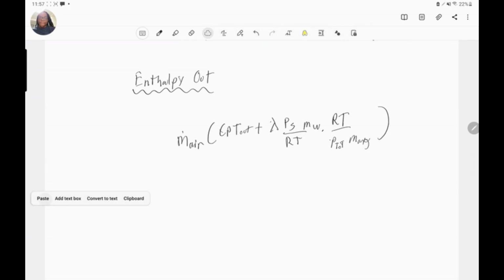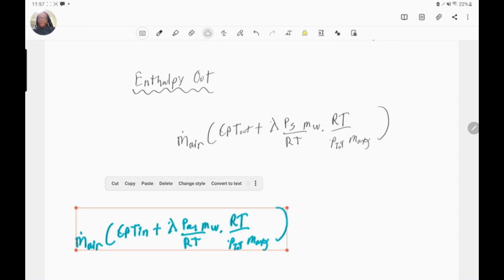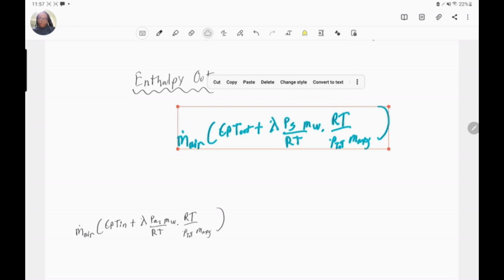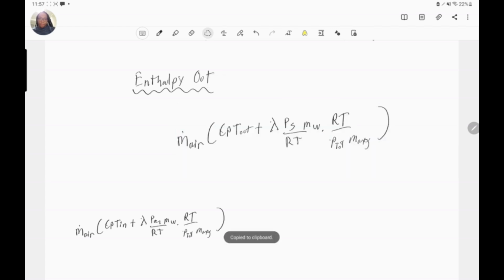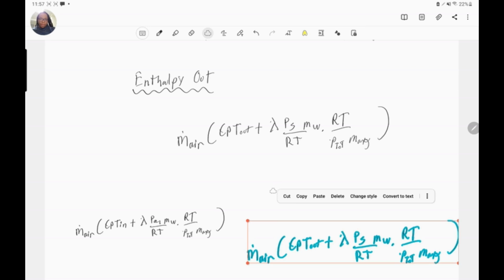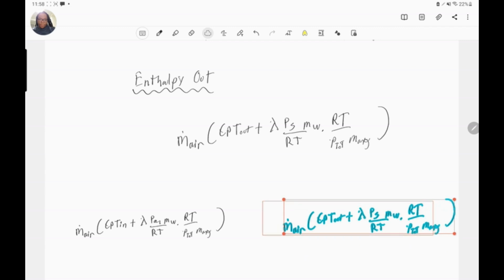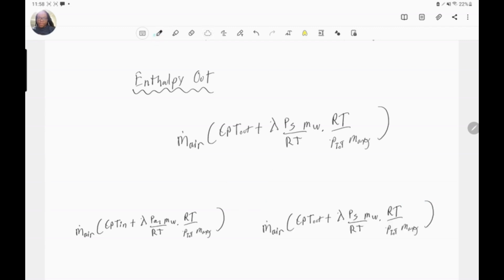So I'm going to copy and paste these, decrease the size of them, and set those equal to each other. And so we're going to see that within each equation, the RTs will cancel out.